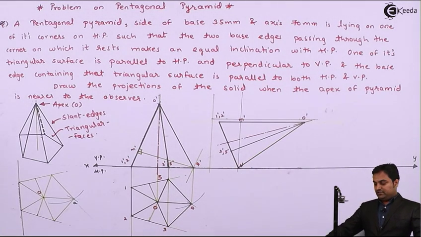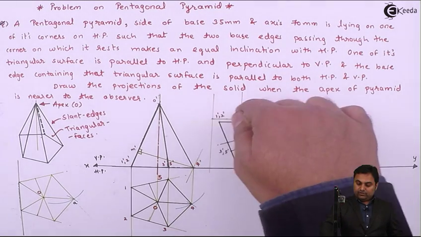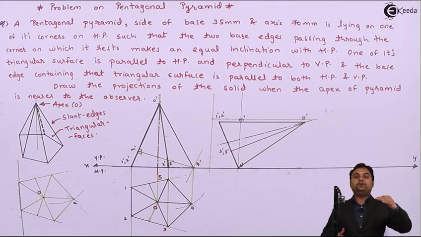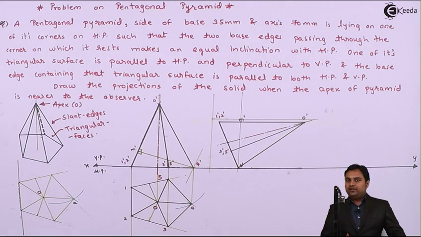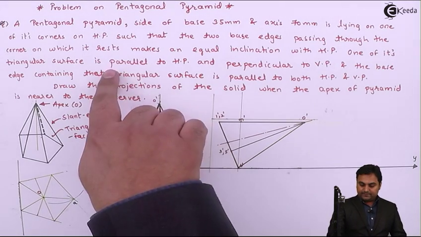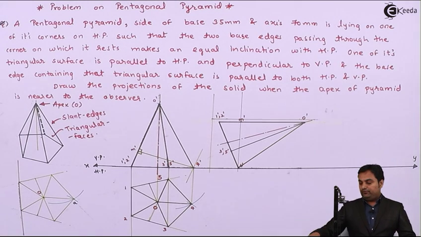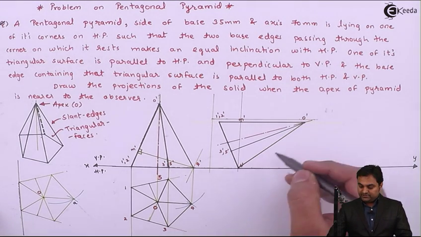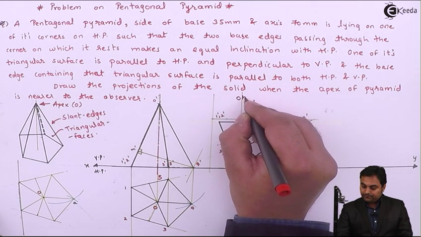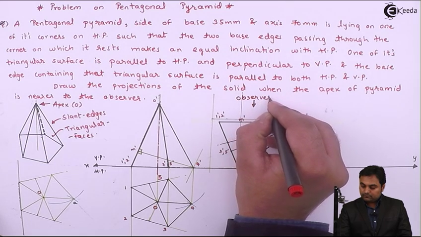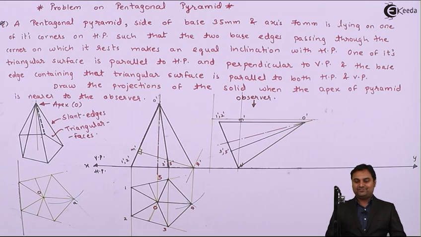So now in this way the pyramid will be tilted, and here, as we see, the triangular face is parallel to HP and perpendicular to VP, because parallel to one plane means perpendicular to the other plane. So here it was mentioned that the triangular surface is parallel to HP. Now I'll draw the top view for this, because this is the front view. So in the top view the observer is here, and as an observer, whatever points are closer to me will be projected first.